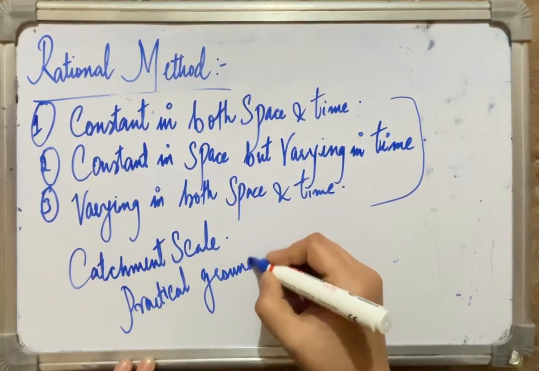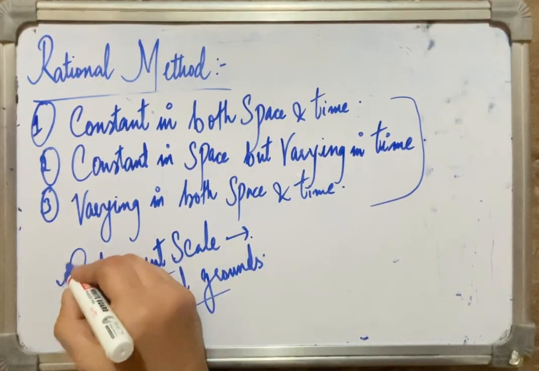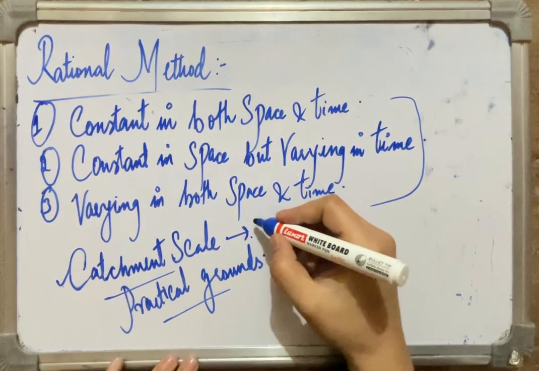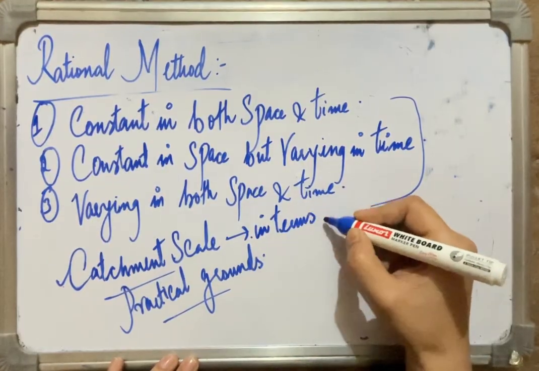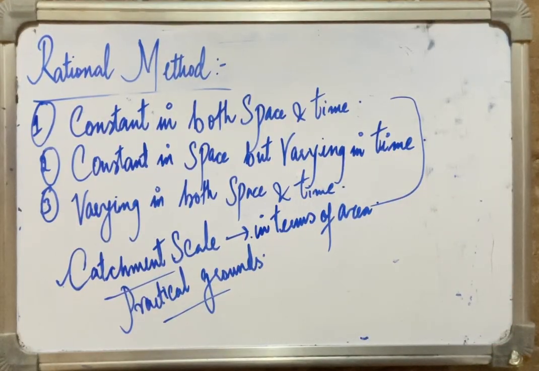All right. And what does this catchment scale mean? And how do we characterize these catchments based on this catchment scale? In terms of their area. So the catchment scale helps us to determine which one of these assumptions, 1, 2, 3, is justified on practical grounds.